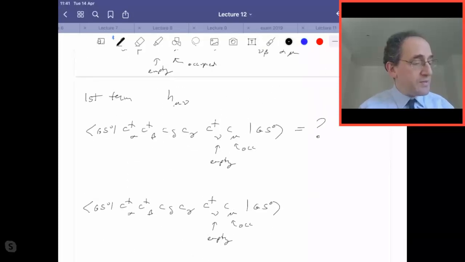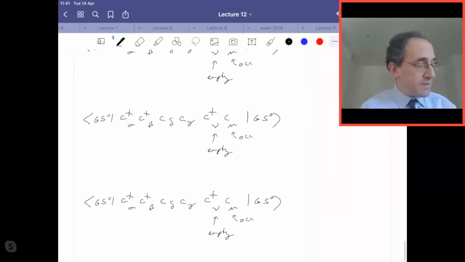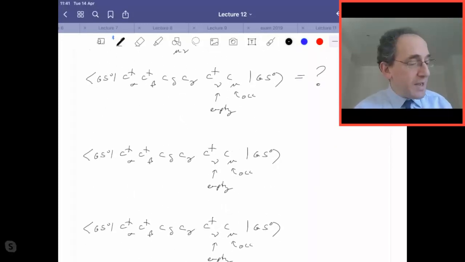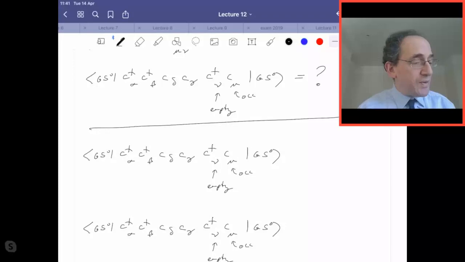Okay, now I'm going to need to use it. I start with this. Okay, so let's try to match up terms. One way to do it is if mu matches alpha and nu matches gamma and delta matches beta, but if delta is going to destroy something, delta has to be below the Fermi surface.